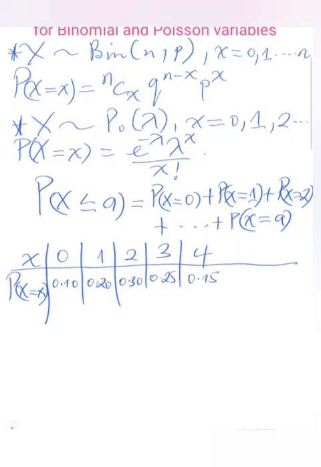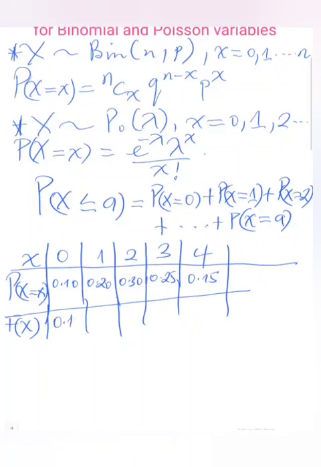Now we can proceed to calculate the cumulative probability values for each of those values. Let us call it F of x. In the case of 0, its cumulative probability value is simply its probability value, because there is no other value to the left of 0 to add to have the cumulative value.